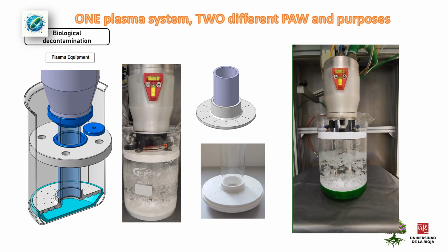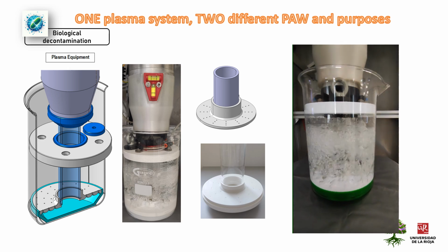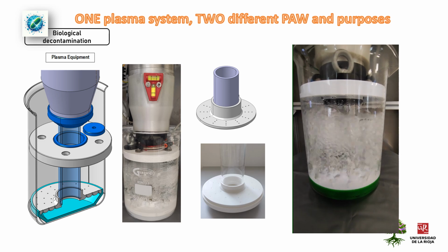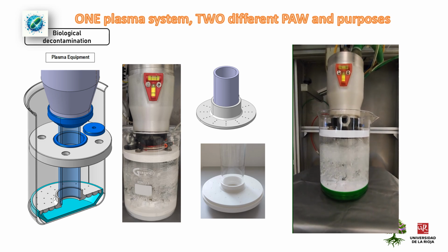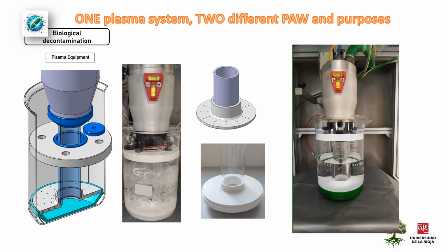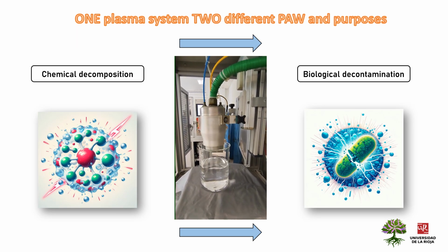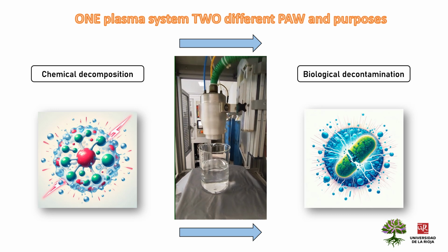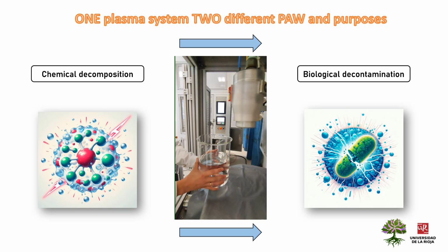Again, there are really good images showing the treatment and a video. Now, in this video, we will see how it's possible to change the tools for chemical decomposition to the ones used for bacteria inactivation.